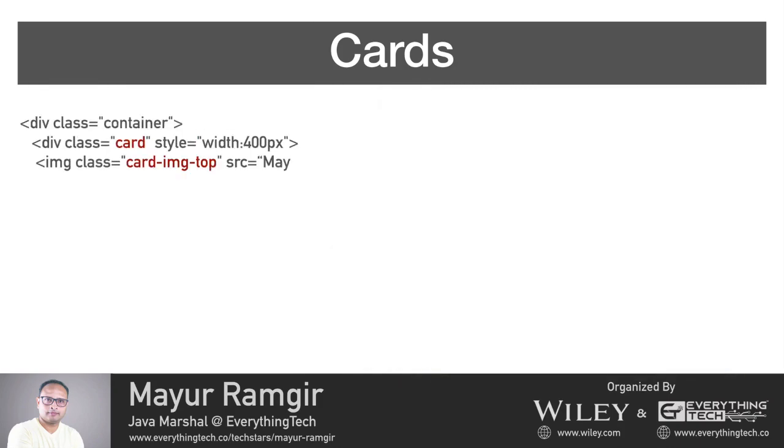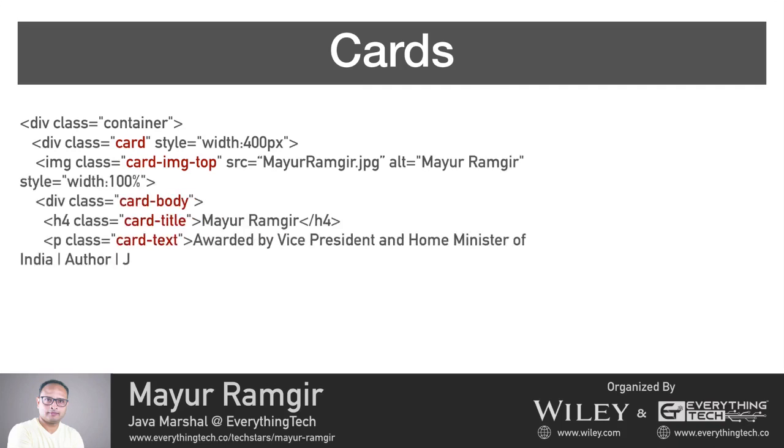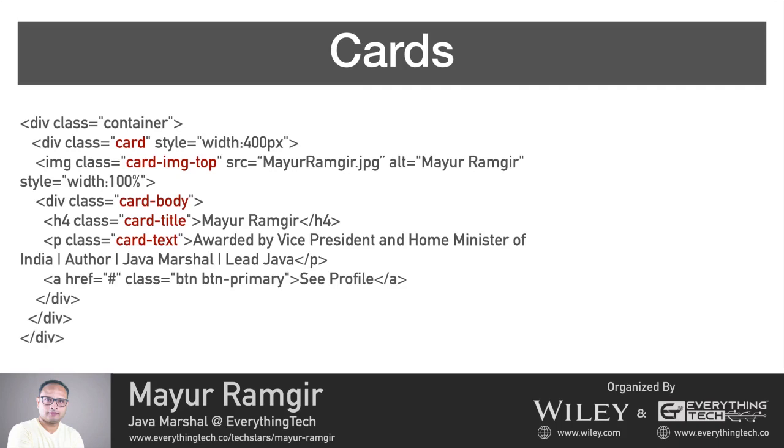Let's see an example. In this example, we can see a div which has the class named card and width set to 400 px. We can add an image either on the top or bottom by using the class card-img-top for top position and card-img-bottom for bottom position.